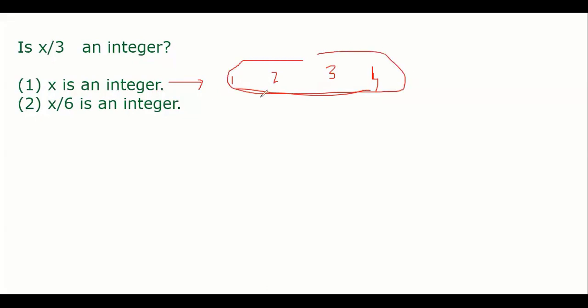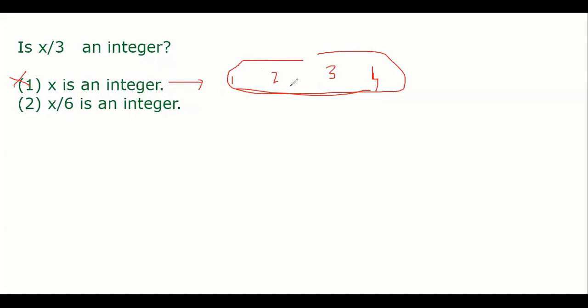Got what I'm saying, Dhanu? Depending on the value of x, it's a multiple of 3, so that's why we said we cannot make it out, right? So from 1 alone, we cannot make it out whether x by 3 is an integer. Because if x is 1, then no. If x is 3, then yes. If x is 6, then yes.